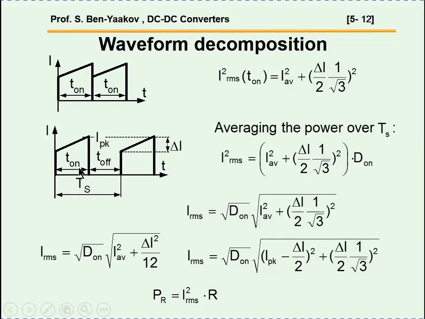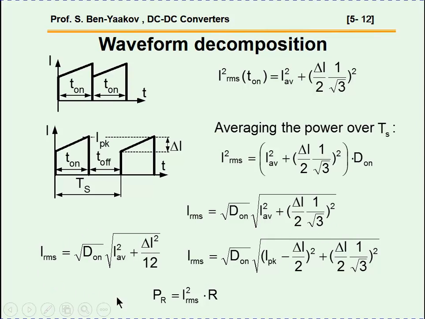And when I then multiply it by d on, in order to take into account the fact that there is a gap here, there is a t off time, the RMS will then be the square root of this value, which comes to be the square root of d on, times the square root of this expression. Now this expression here is actually delta I squared divided by 4 times 3, which is 12.